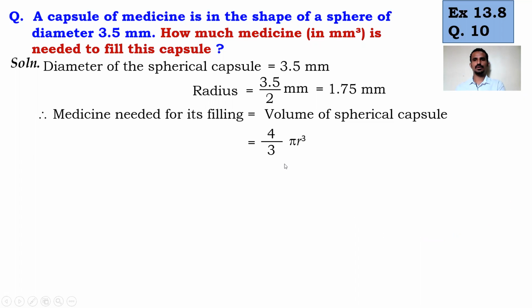We'll take pi as 22 upon 7. So we have 4 upon 3 multiplied by 22 upon 7. And it is r cube. So we'll write the value 1.75 3 times. So 1.75 multiplied by 1.75 multiplied by 1.75. So we have 4 upon 3 multiplied by 22 upon 7 multiplied by 1.75 multiplied by 1.75 multiplied by 1.75.